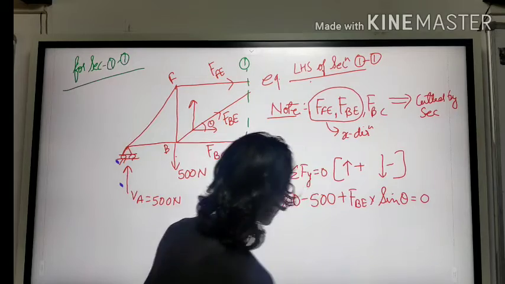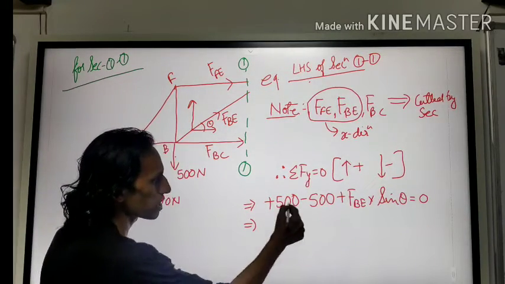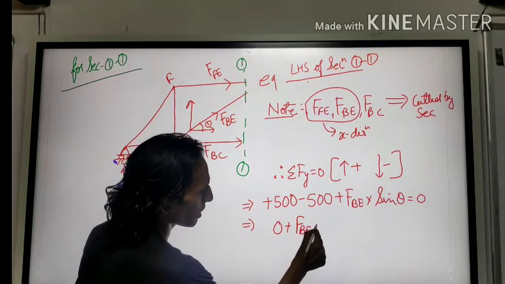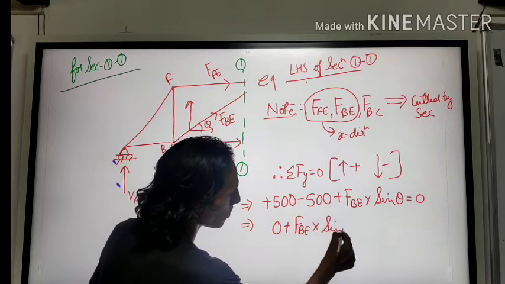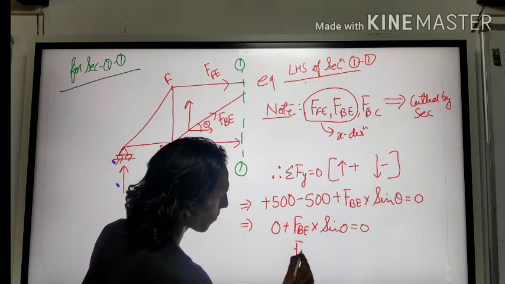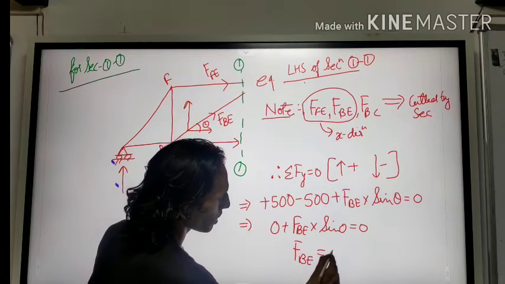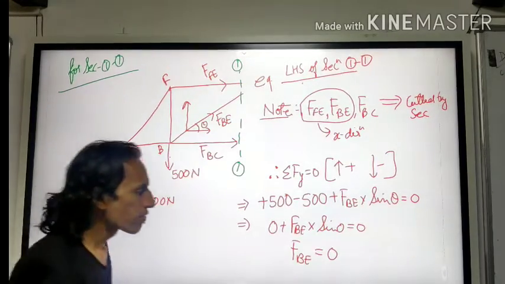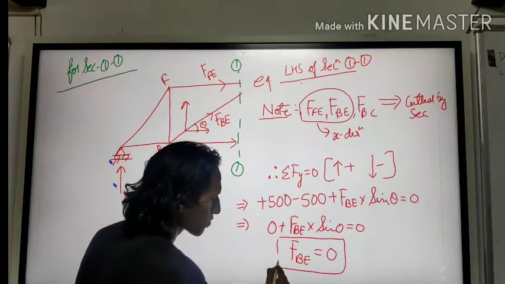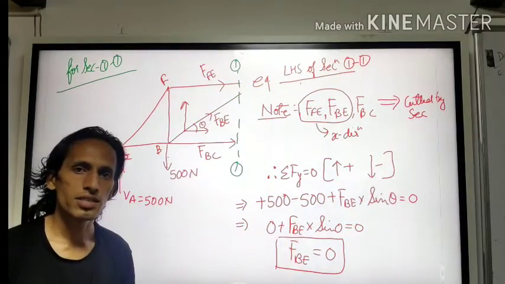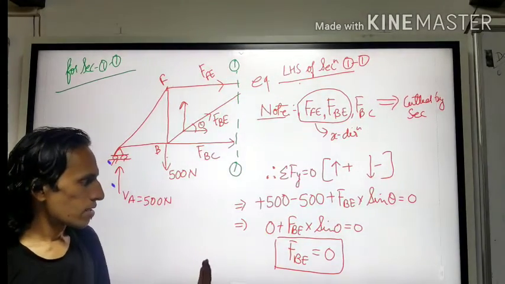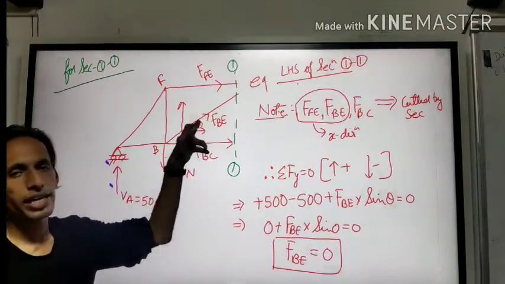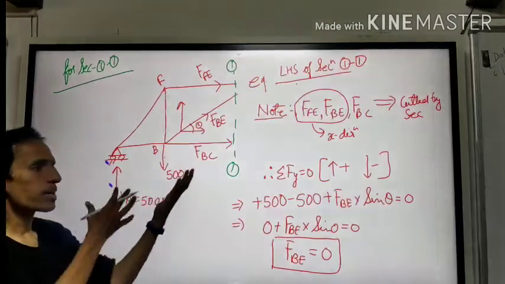So 500 minus 500 plus FBE into sine theta is equal to 0. So FBE comes out to be 0. This is how I can simply calculate a value without much calculation.